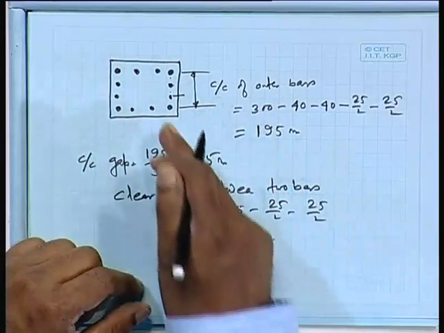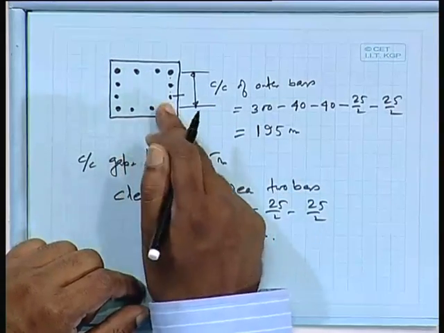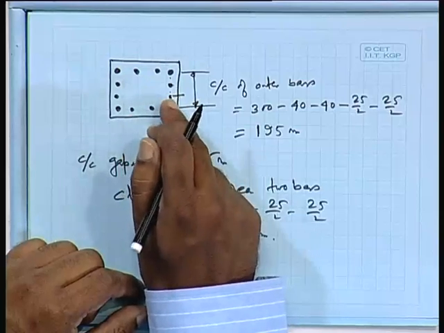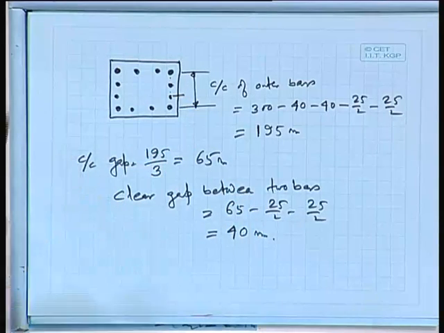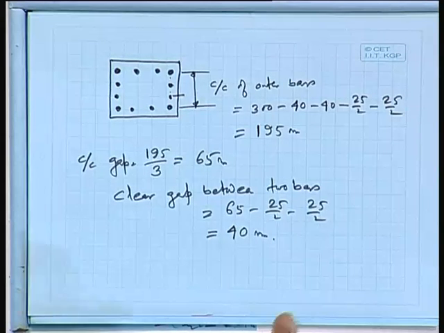Even if 50% of the bars are staggered, we shall start in such a way that all the bars will not curtail in the same position. That means if all 12 bars go up and then at this level you put another, I do not want that, and that is not a good solution.